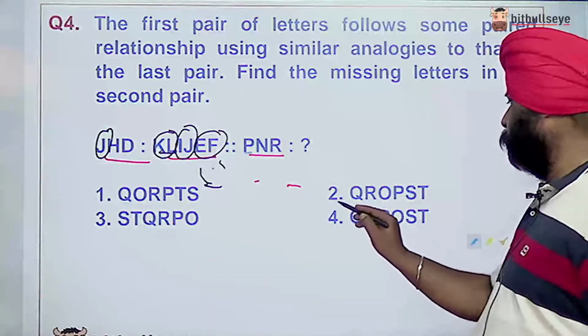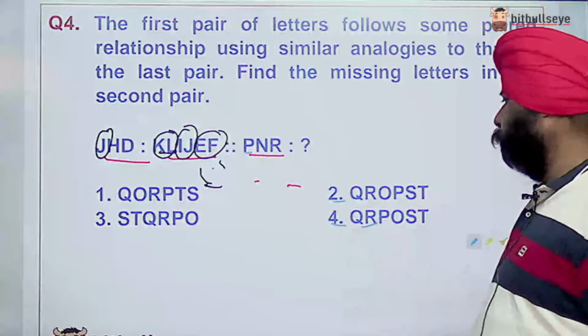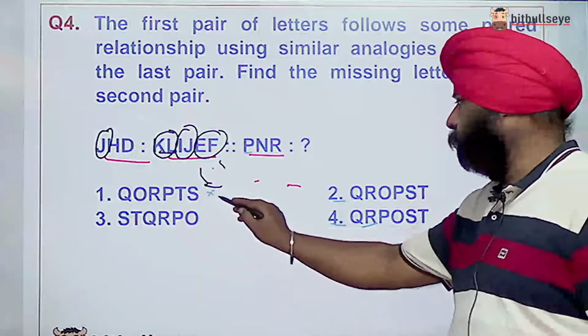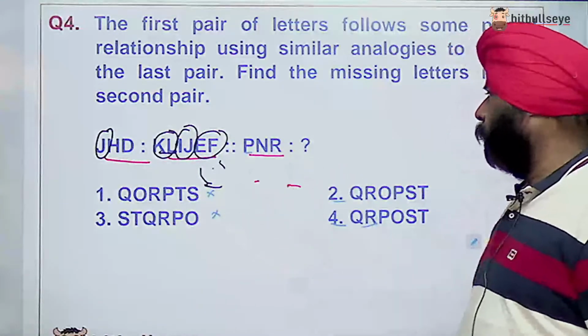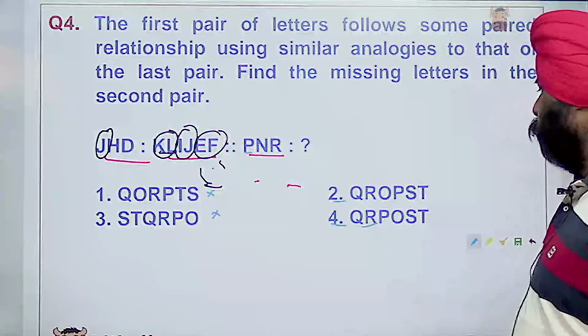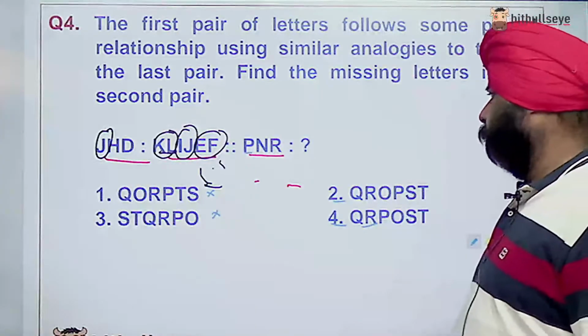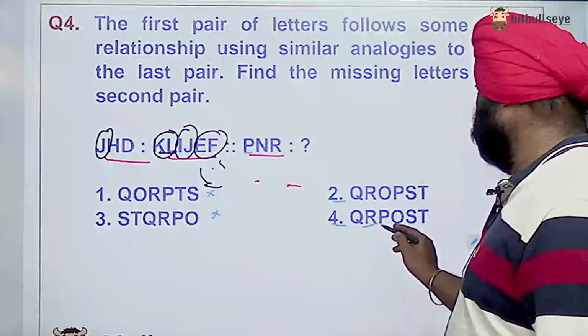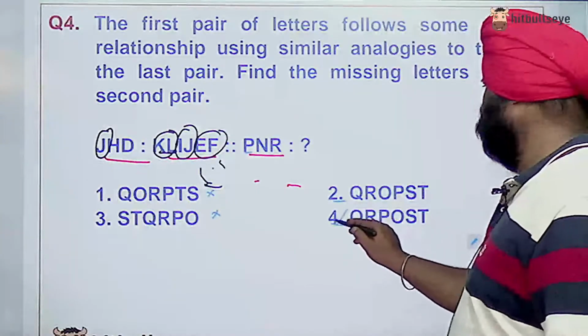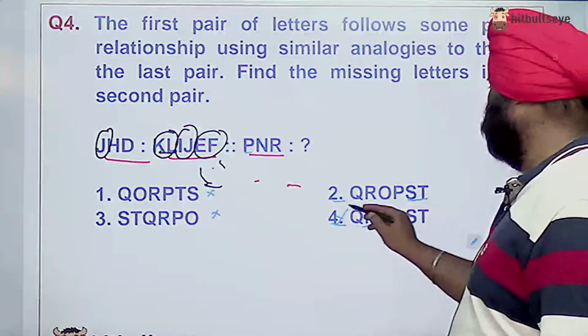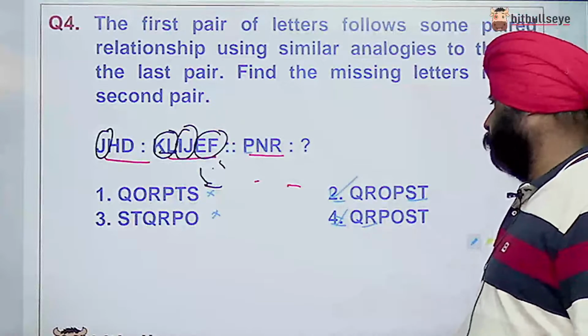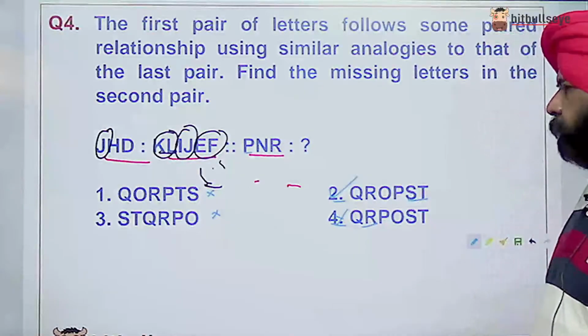So the answer could be the second, third or fourth option. These two options are ruled out. After N, OP should be there, so this is ruled out. After R, ST is there, so guys, the answer has to be the second option, PQR, NOP, RST.